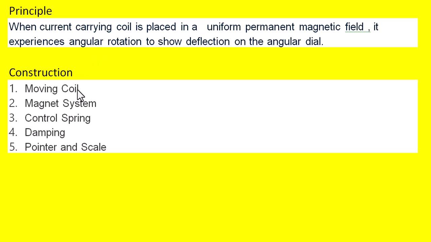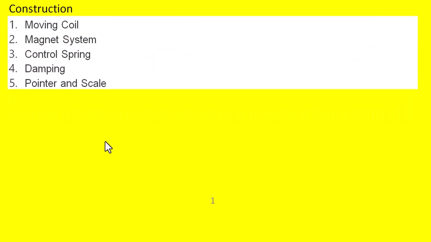So here moving coil means it is a moving conductor. Magnet system means it's a permanent magnet system. Control spring means that will provide the control torque. Damping means it provides the damping torque. And pointer and scale means scale is designed to measure certain parameter and pointer will move over the scale.